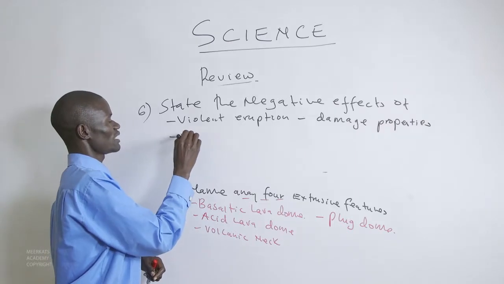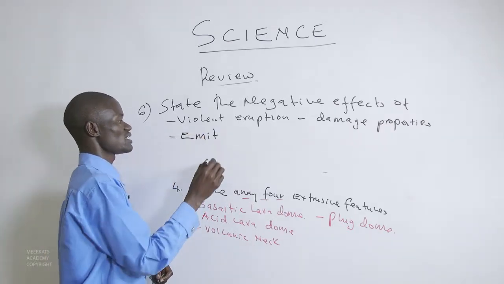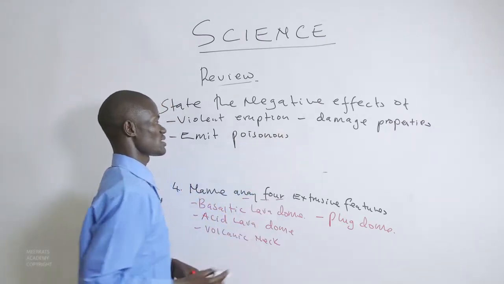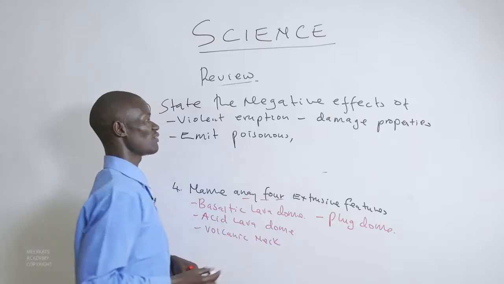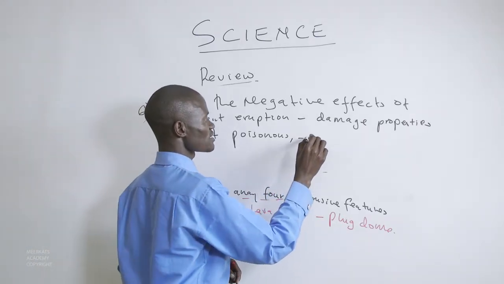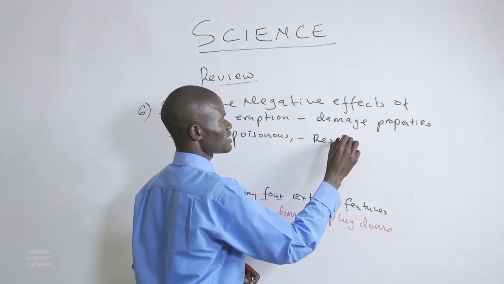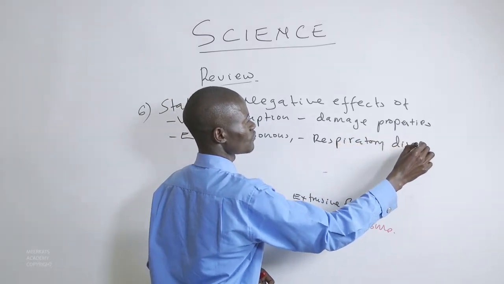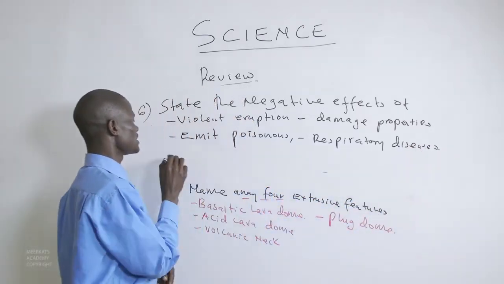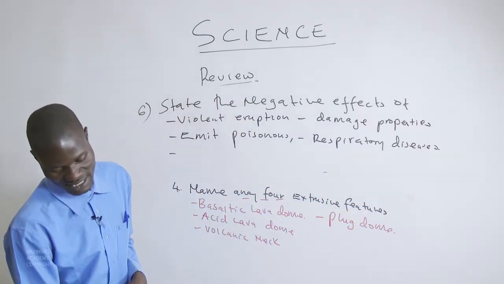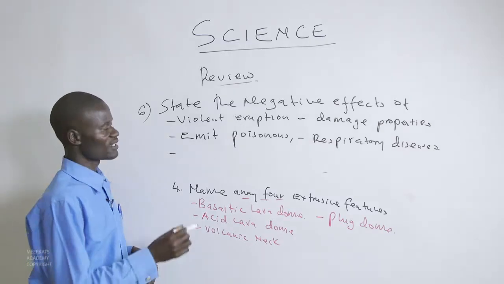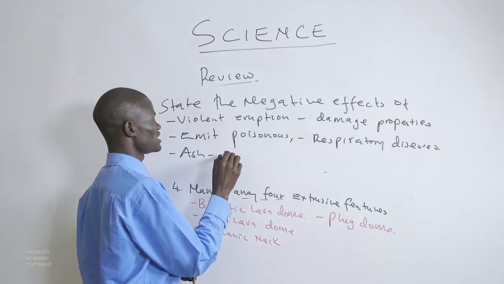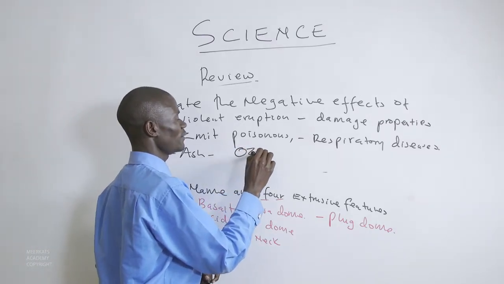We have also discovered that a negative effect is that it emits poisonous gas such as sulfur and sulfide, which bring respiratory diseases and are very dangerous. Some of these diseases may lead to death. And lastly, we'll find that the ash leads to the destruction of the ozone layer.